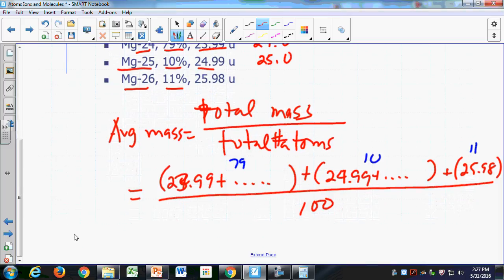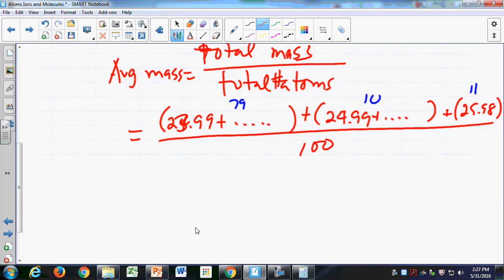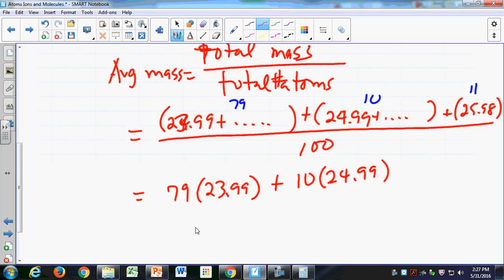So you can see, if we simplify this, that's 79 times 23.99. That's the mass of the magnesium 24 isotope, plus 10 times 24.99. That's the mass of the magnesium 25 isotope, plus 11 times 25.98.